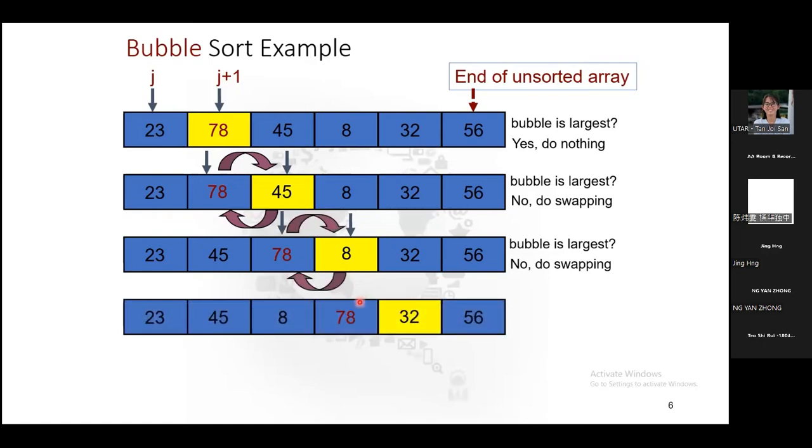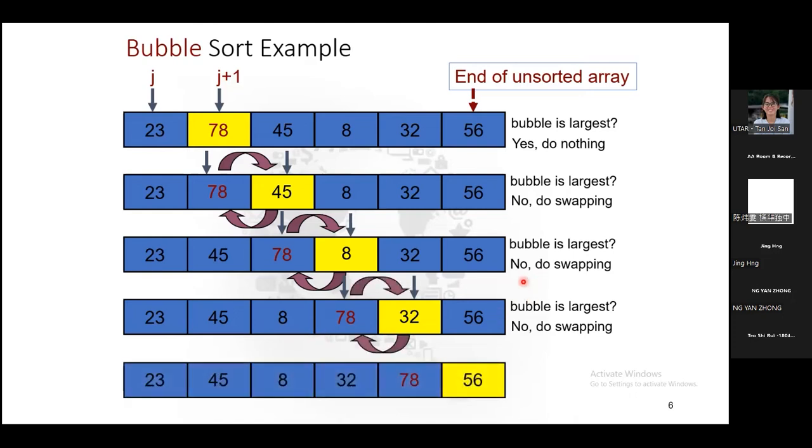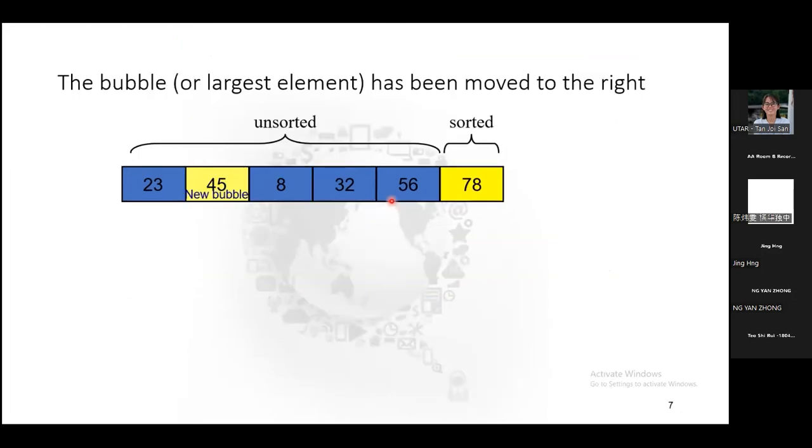After you swap, we'll see, this will repeat again and again. 78 and 32, then you do swapping because obviously 78 is the largest. When it goes through every single iteration, you just keep performing the swapping. So at the end, 78 will be at the last.